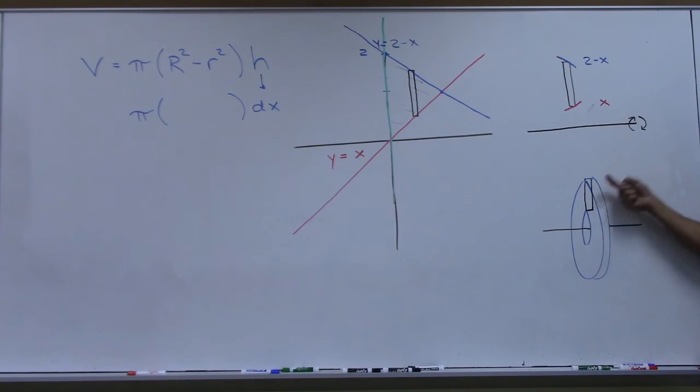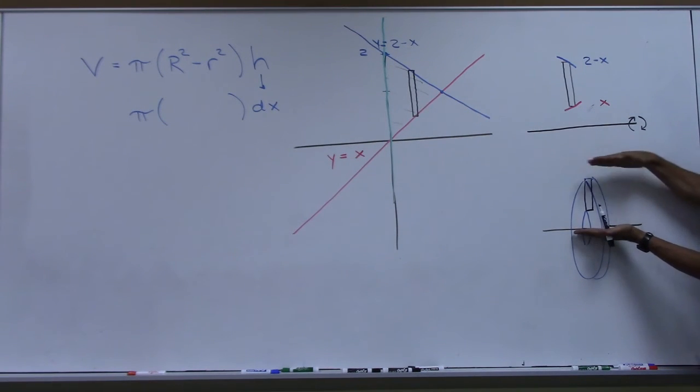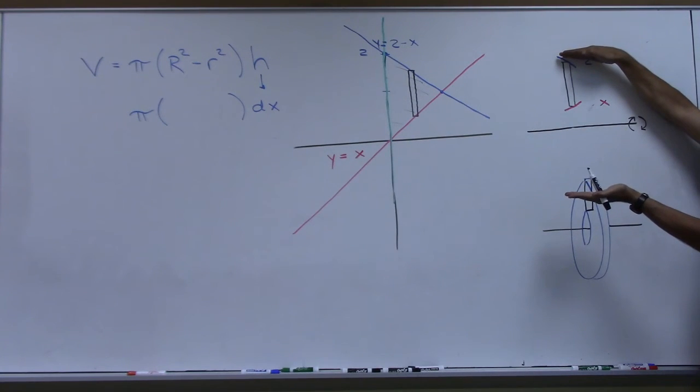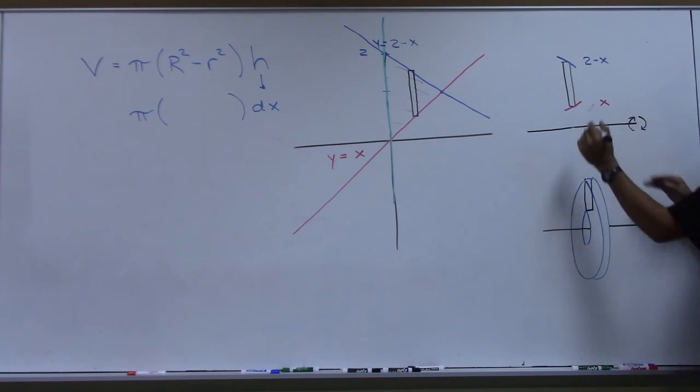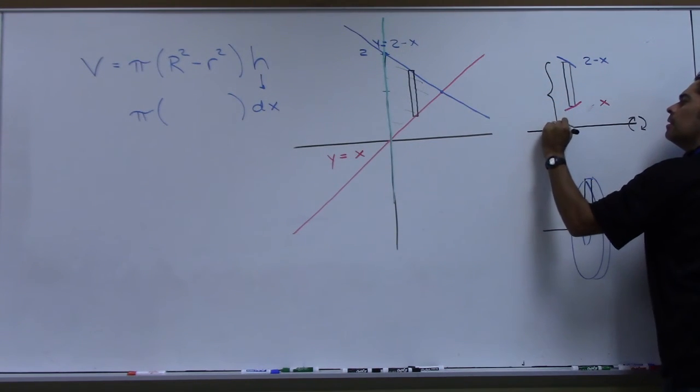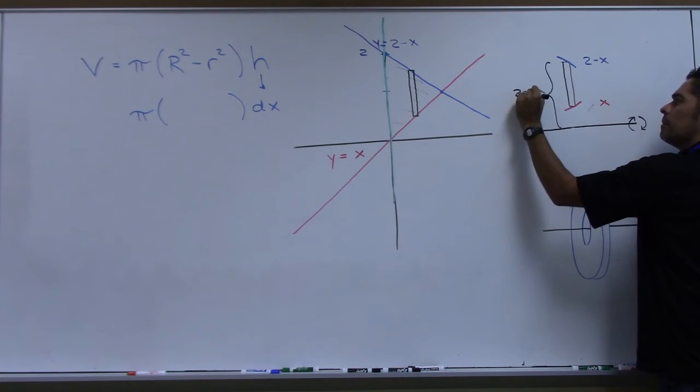We know that the distance from the x-axis to the top of this rectangle is the same as the distance from here to here, which is 2 minus x.